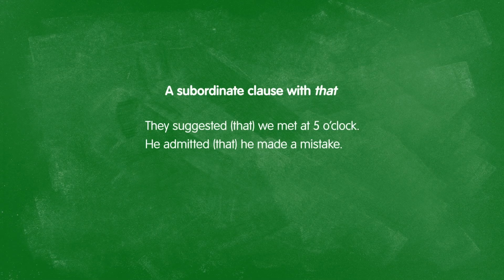We can also create sentences using subordinate clauses with that to mean the same thing in many cases, not all, but many. Like in the example, they suggested that we meet at 5 o'clock, or he admitted that he made a mistake. And here, that is optional.